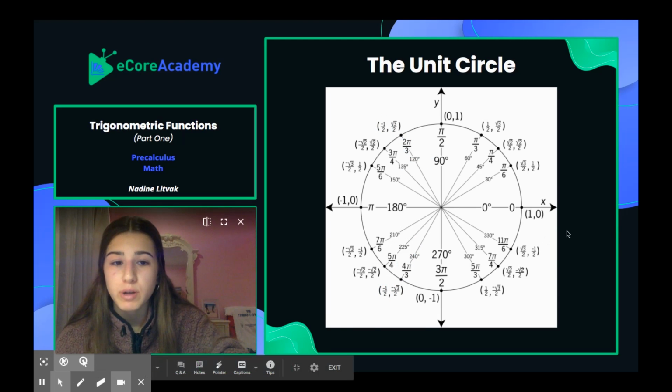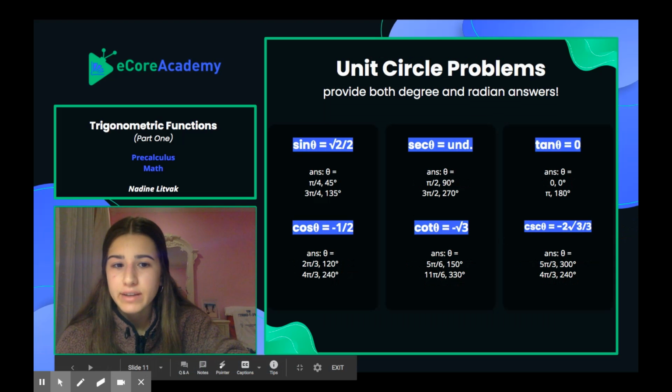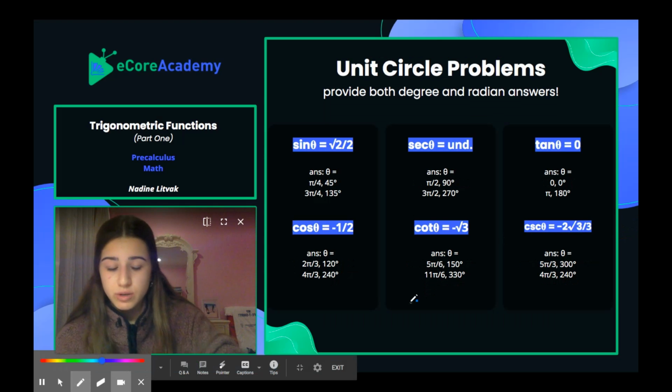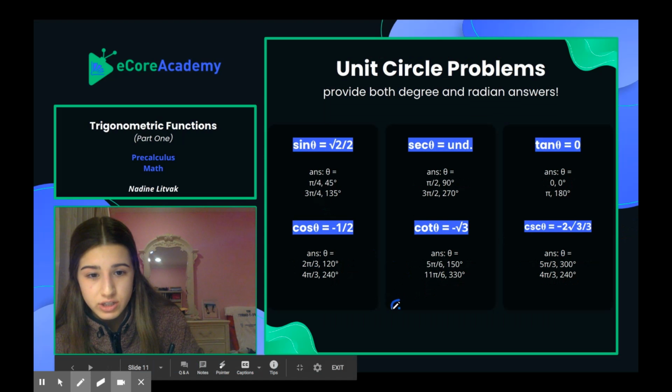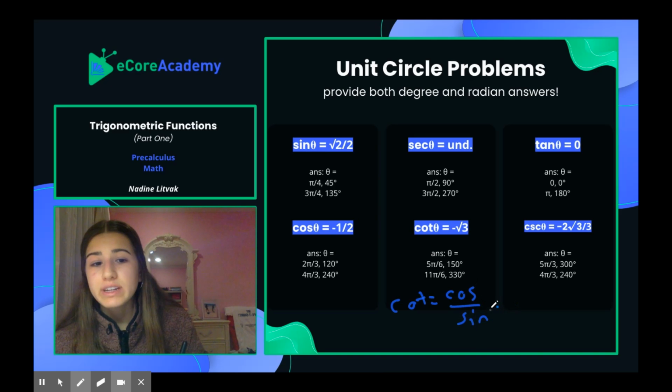Okay, we have 2 more questions now. The cotangent of theta is negative root 3. Okay, now let us think about this. Cotangent, we know that cotangent is equal to cosine over sine. We need cosine over sine to equal negative root 3.